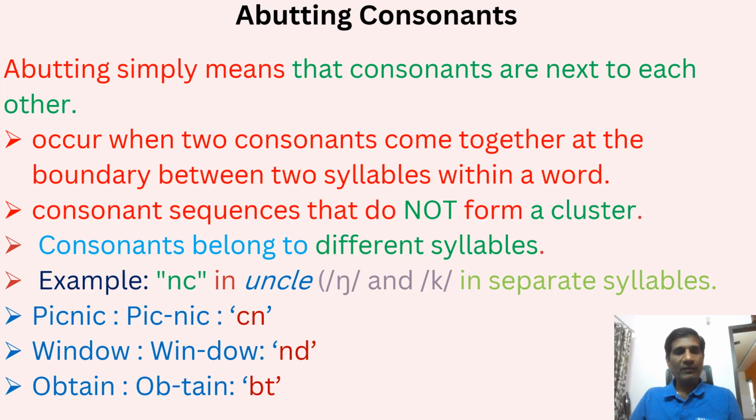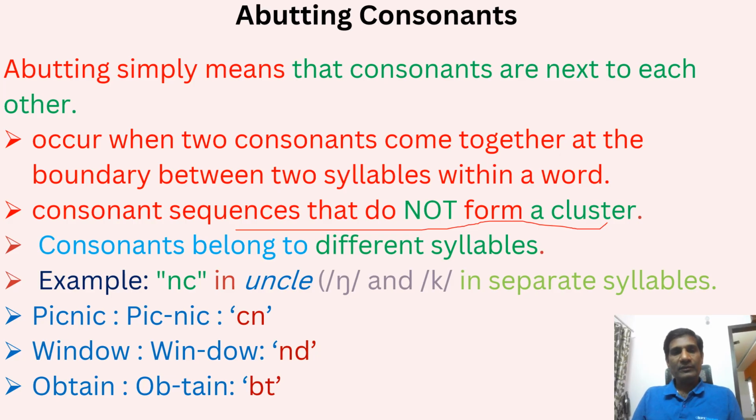Consonant sequences that do not form a cluster are called abutting consonants. So remember that abutting consonants do not form a cluster. Okay. So remember this line, it's very important. These consonant sequences that do not form a cluster are called abutting consonants.